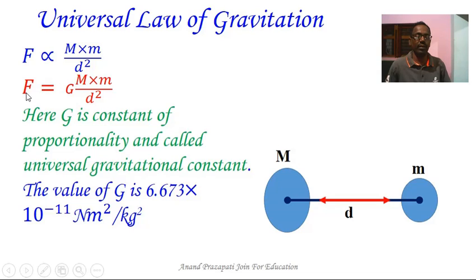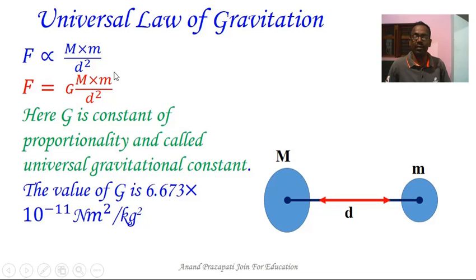So the mathematical value of the force of gravitation is F equals G M m by d squared. The value of G is 6.673 into 10 to the power minus 11 Newton meter square per kg square. The unit of the mass M is kg.